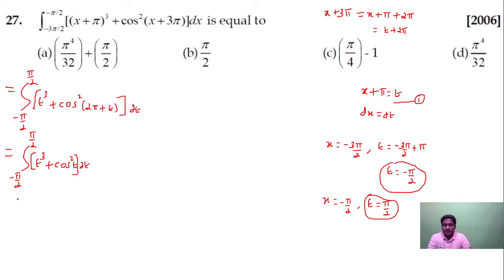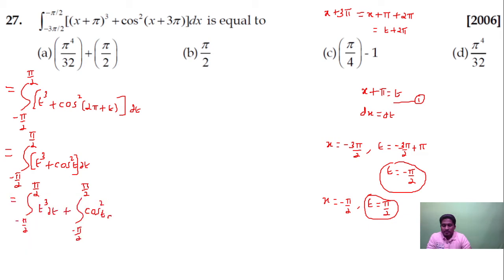So I can separate them. This is integration from minus pi by 2 to plus pi by 2 of t cube dt, plus integration from minus pi by 2 to plus pi by 2 of cos square t dt.